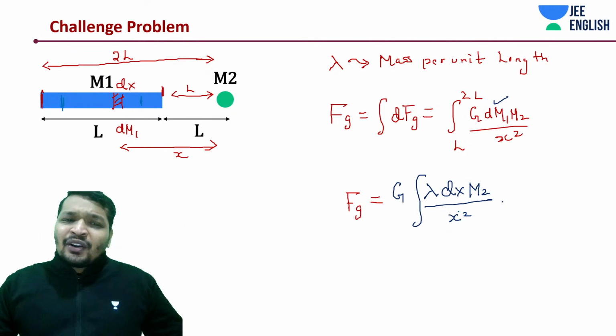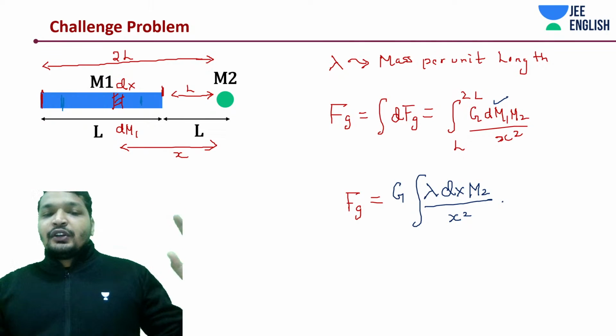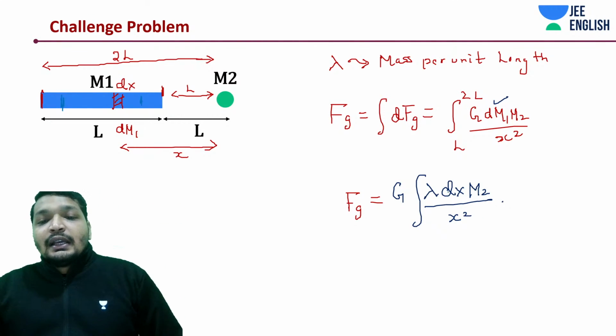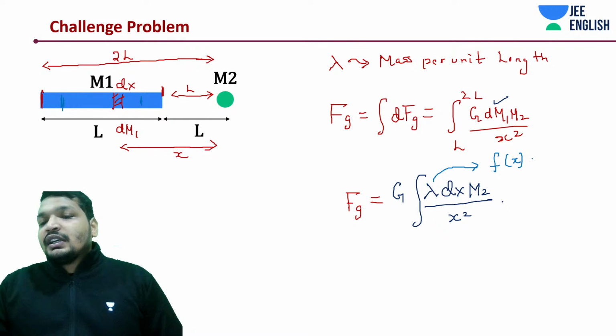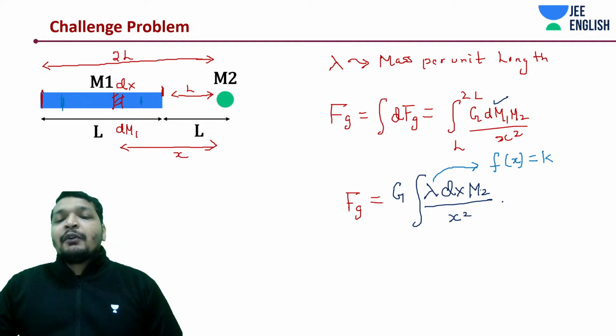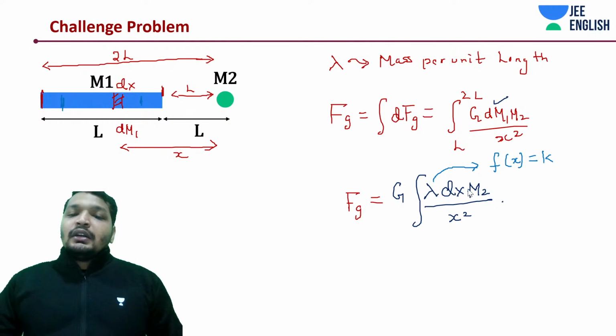Something like lambda naught into x would be given to you in the exam while you're solving it, or during your model problems if you have seen any book. In that case you would substitute the given function in terms of f of x. Here f of x is constant, which is nothing but m1 by L.